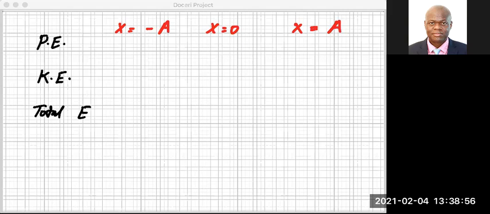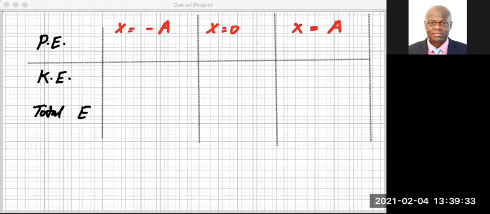So let's consider these points, just to demarcate the different positions.